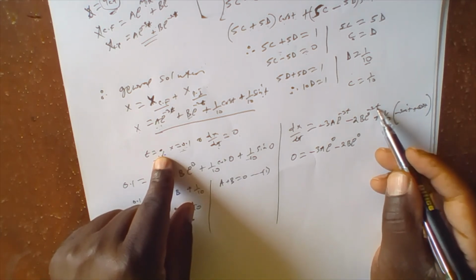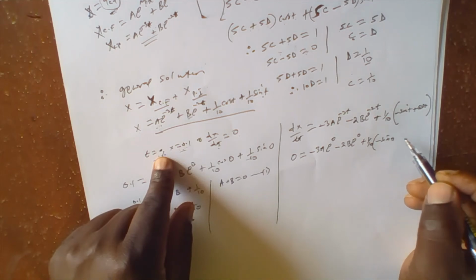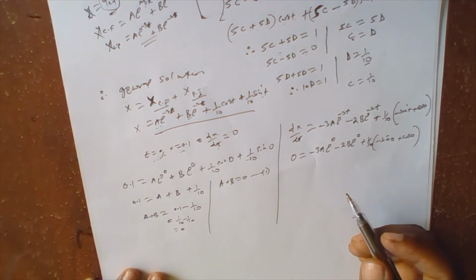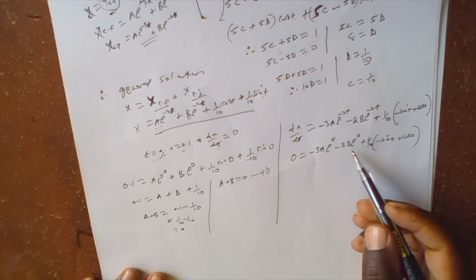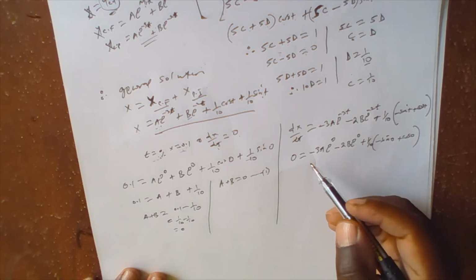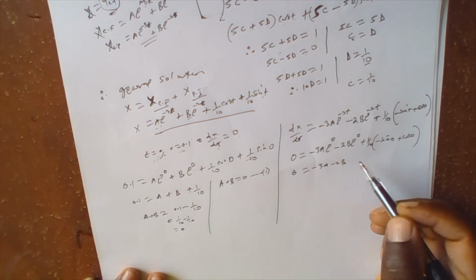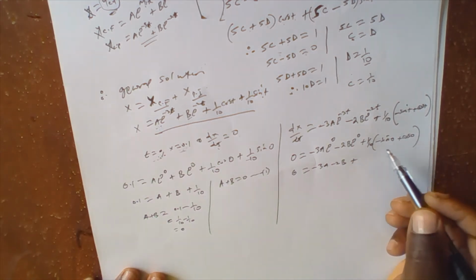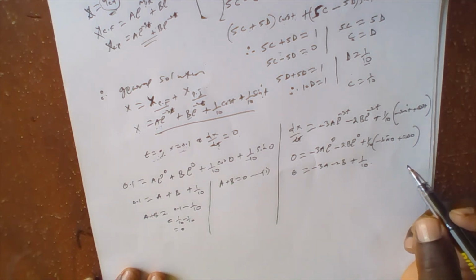Remember, we are substituting the 0, plus 1 all over 10 into minus sine 0 plus cos 0. So from here, we are saying that 0 equals minus 3a minus 2b plus, this will be 0 plus, this is 1 plus 10.